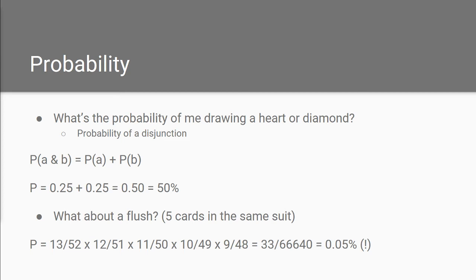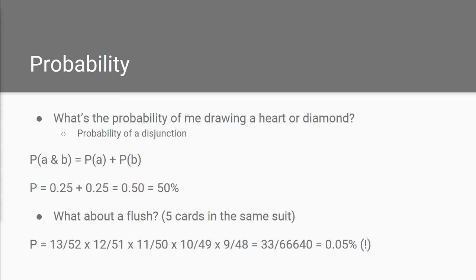But you're still holding that card, which means there are 51 cards left in the deck. Because you've already drawn one card out of the suit, that leaves 12 more cards in that suit. So for your second card, the probability would be 12 in 51.